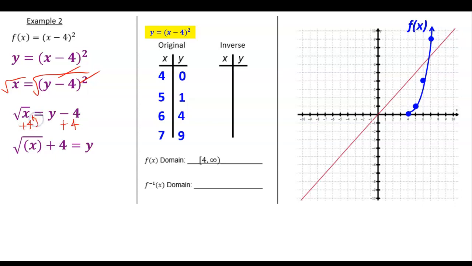And it's going to go after the square root sign. Okay. So the plus 4 and the minus 4 cancel out. Plus 4 goes after the square root sign, not underneath it, but after it. Okay. And then your last step would be to write it in inverse function notation form. Okay.